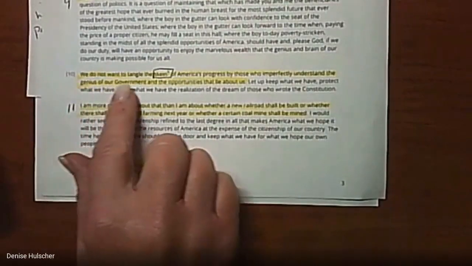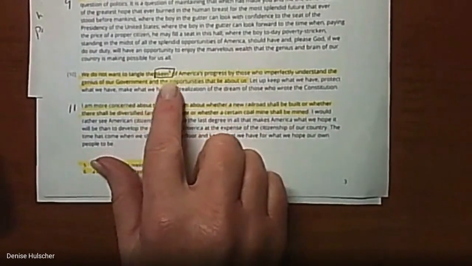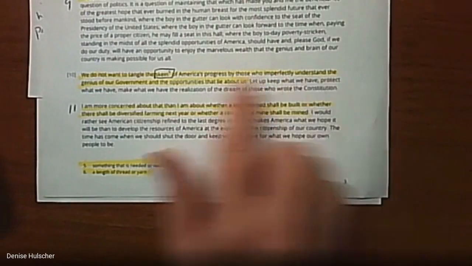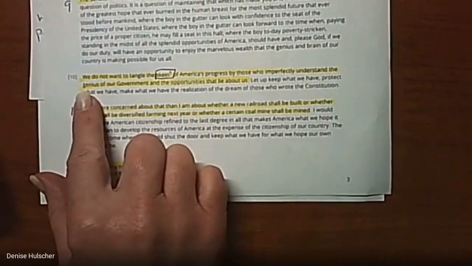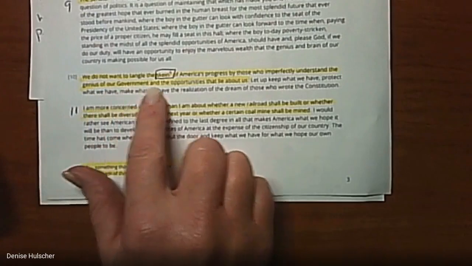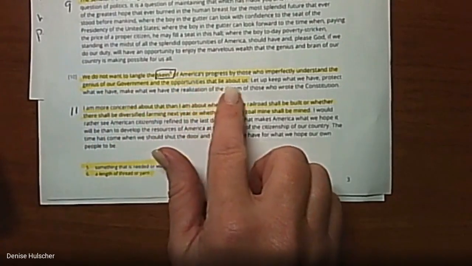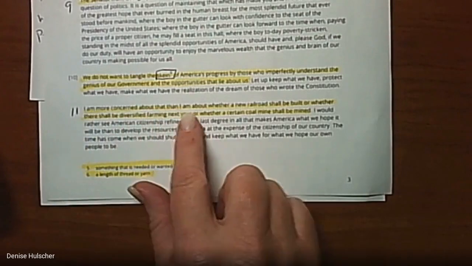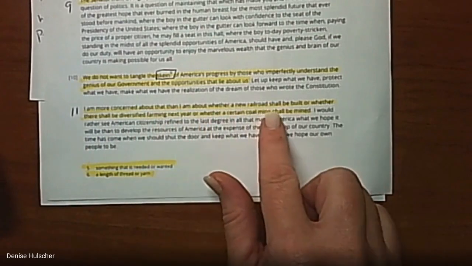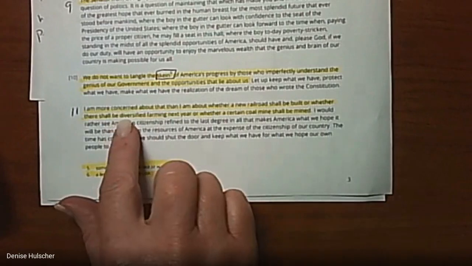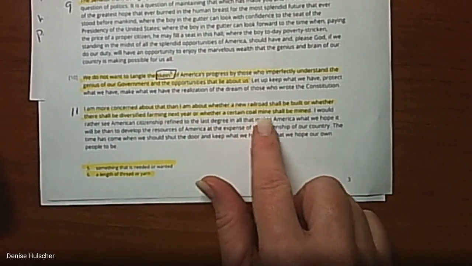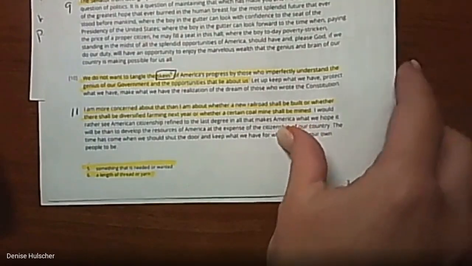We do not want to tangle the skein of American progress by those who imperfectly understand the genius of our government and the opportunities that lie about us. I am more concerned about that than I am whether a new railroad shall be built or whether there shall be diversified farming next year or a certain coal mine shall be mined.